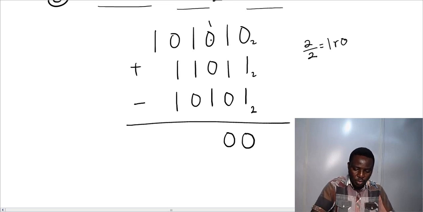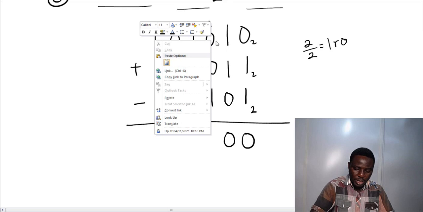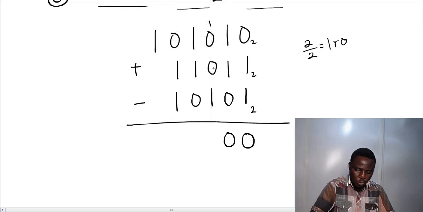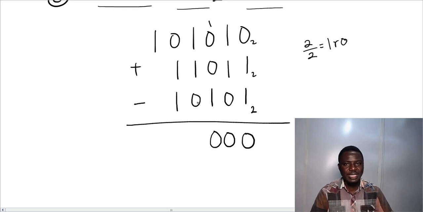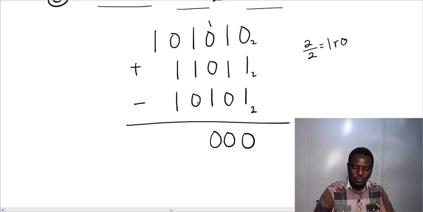1 plus 0 is 1, plus 0 is still 1, minus 1 is 0. So this becomes 0. And 1 plus 1 is 2. 2 minus 0 is still 2. And because 2 is not a digit in base 2, 2 divided by 2 becomes 1 remainder 0.